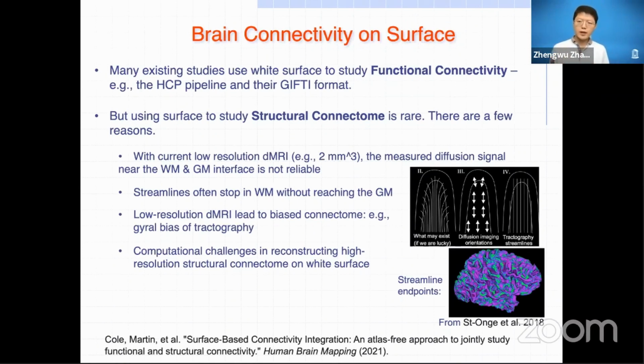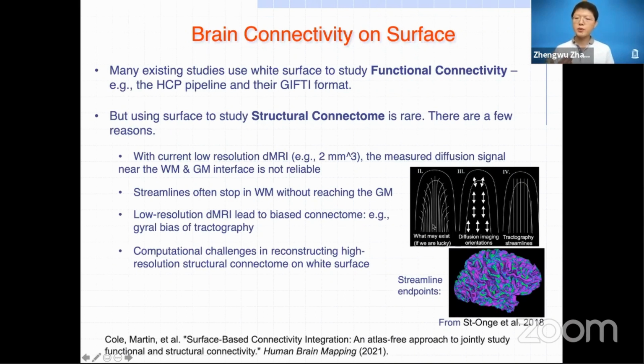When we say gyral bias, the brain is folded, so you have a lot of peaks and valleys. This is one illustration of the gyral blade, where the actual measurements encourage you to directly build streamlines to the top of this gyral blade, and then you actually ignore the wall of this gyrus. And this causes a lot of bias.